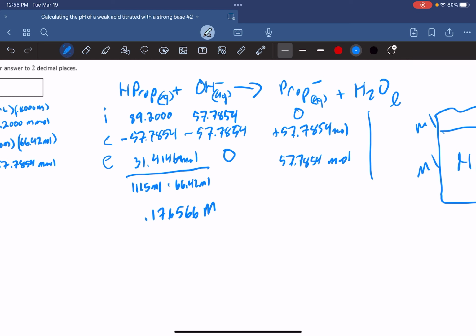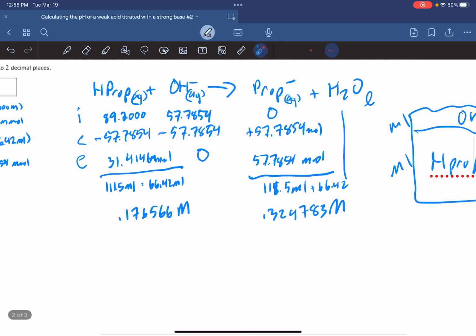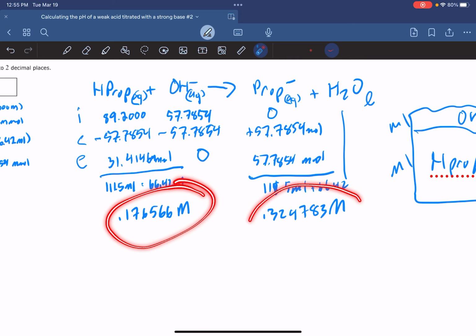Again, we're carrying all these numbers out, although you don't really need to. And if we do the same thing over here, and we divide by the same exact number, the 111.5 milliliters and the 66.42, when we divide it out, we end up with 0.324783 molar.